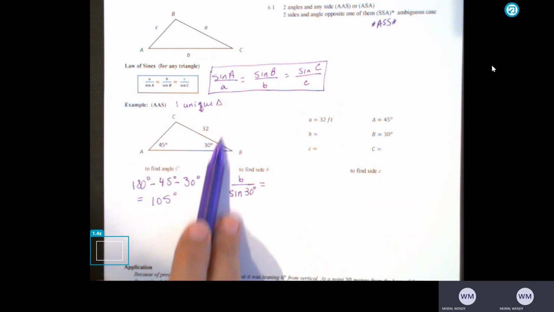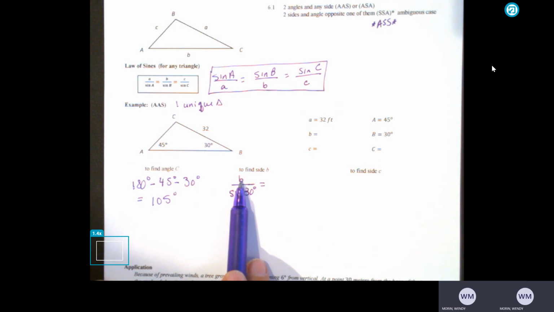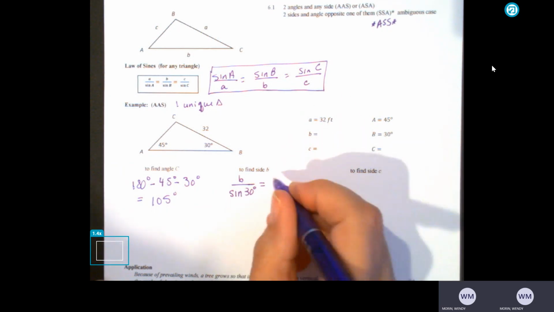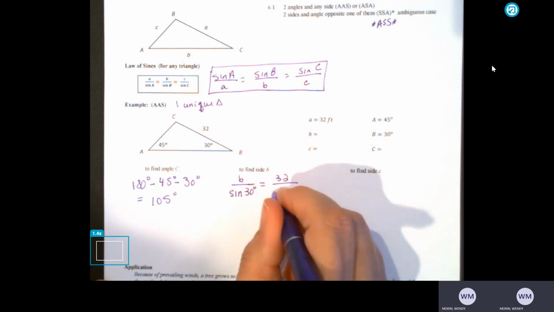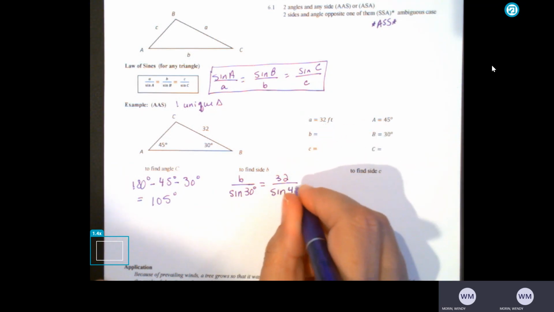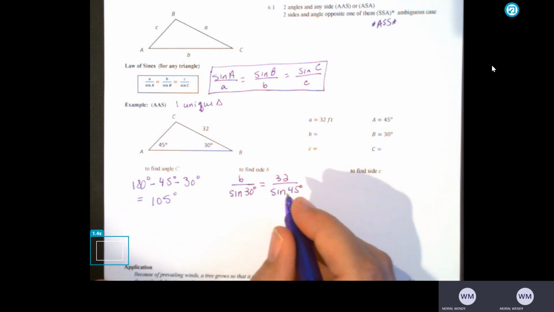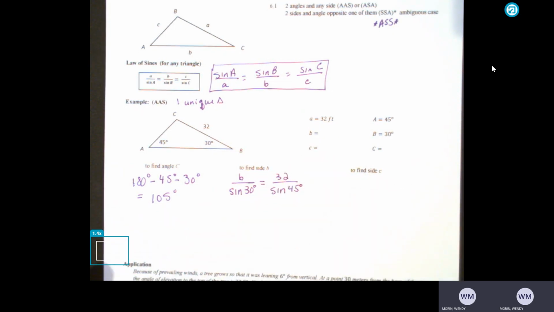So if we look here, these two pieces we know for a fact are true. Same thing over here. These are true. So the side that we are given is 32, and that's proportionate to the sine of the angle across from it, which is 45 degrees. And then we can easily multiply both sides to solve for side b.